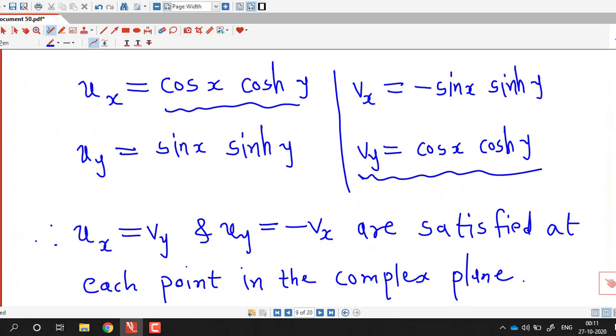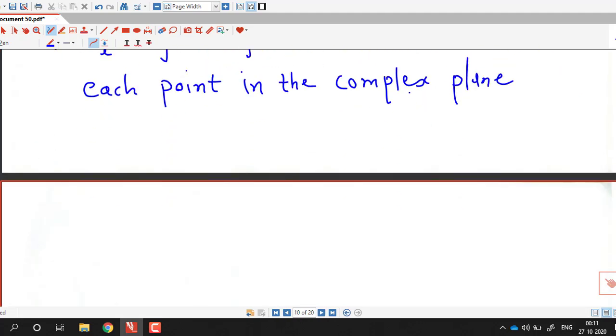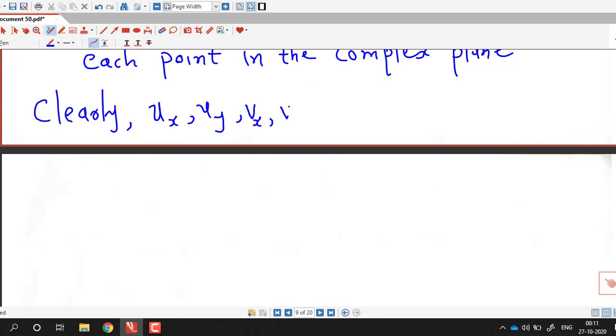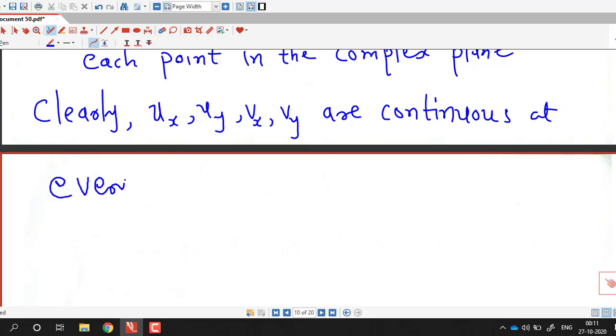And as we know, del u by del x, del u by del y, del v by del x, del v by del y are trigonometric functions, they are always continuous. So clearly they are continuous at every point in the plane.